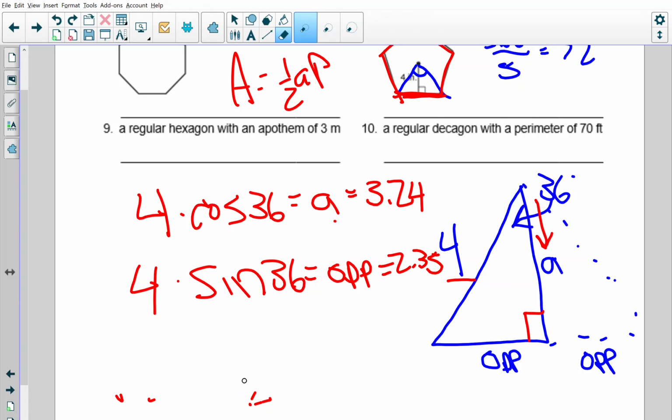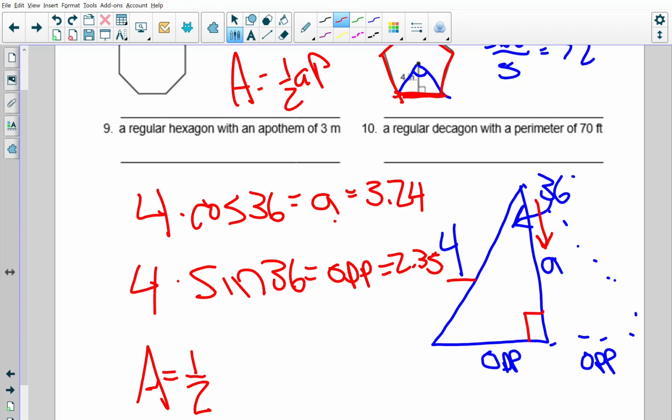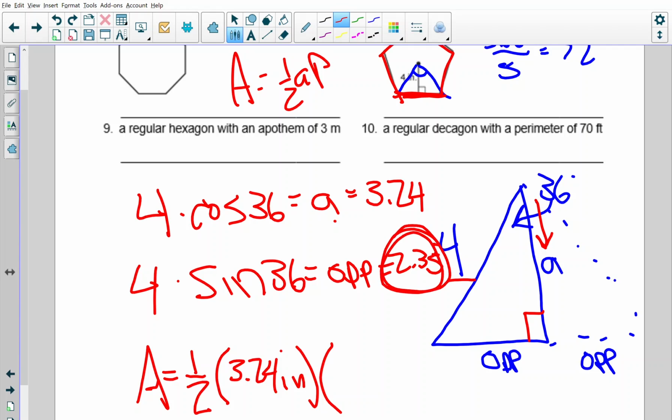that's all we need. So the area is 1/2 times the apothem, which is 3.24 inches. And the perimeter, remember, it's a pentagon, so there's 5 sides. And this number right here was half of the side.